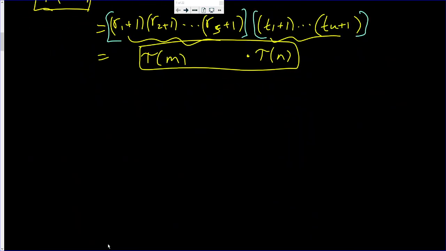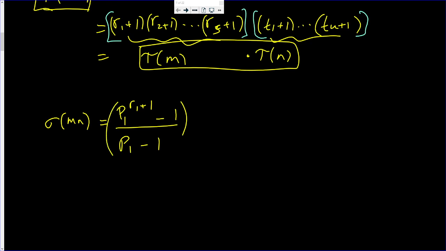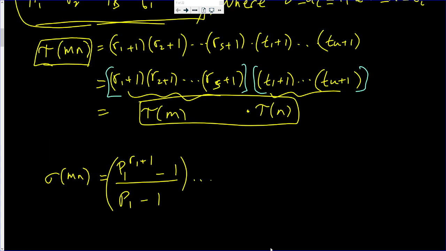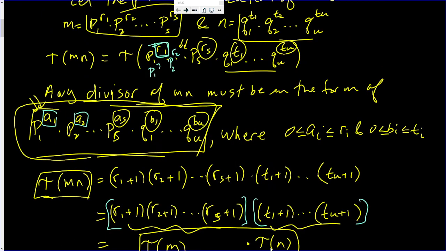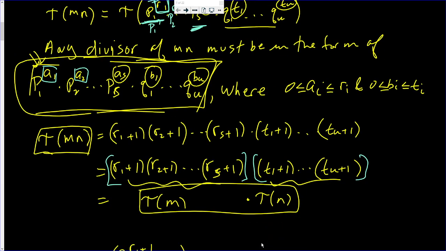Now we need to do sigma. Well, sigma of mn is equal to p1 to the r sub 1 plus 1 minus 1, all divided by p1 minus 1. All that's for this first one here. And let's go to the last one for the p's.